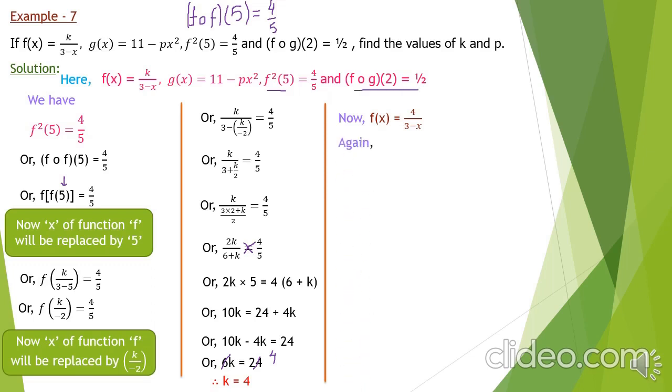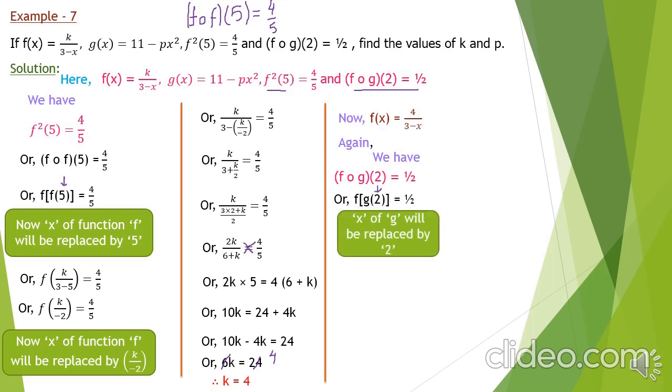Now let's see. Again, g is the function which takes the input first. So f of g(2). Now x of the function g will be replaced by 2, isn't it? Input is 2. That's why x of g will be replaced by 2.